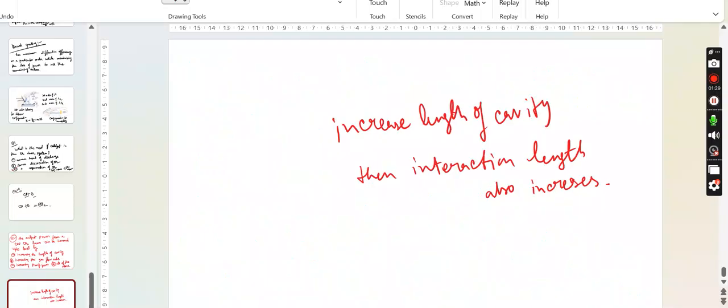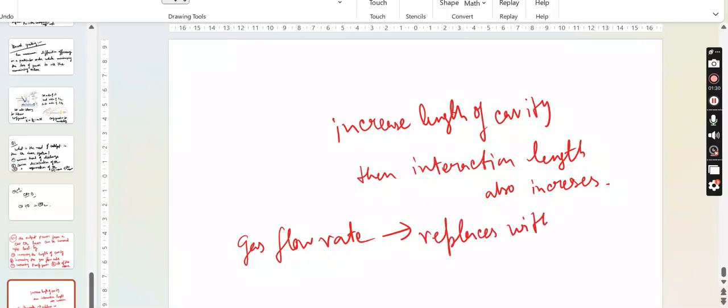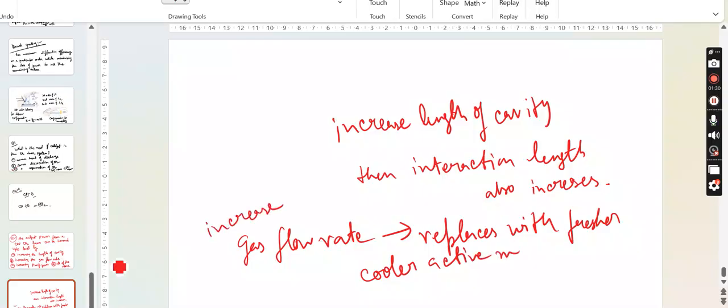When we increase the gas flow rate, it removes heated gas and replaces it rapidly with fresher, cooler active medium, and that also helps.